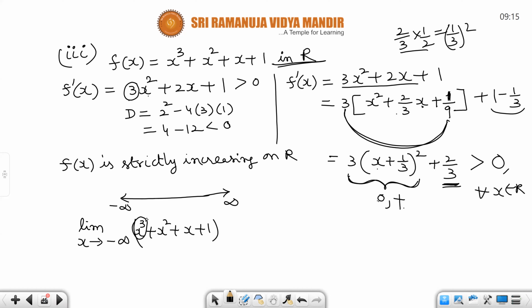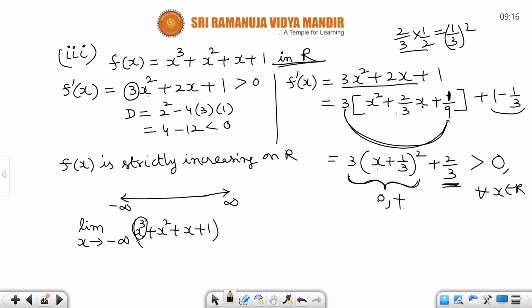We can remove them from the battlefield. Only the highest degree term will remain. Because when x tends to plus infinity or minus infinity, compared with the highest degree term x cube, other terms like x square, x and 1 are just negligible.